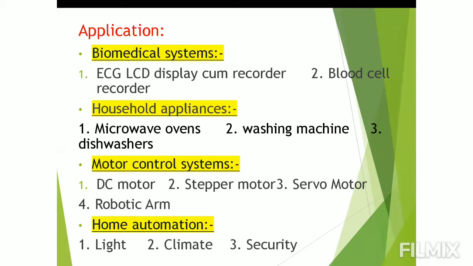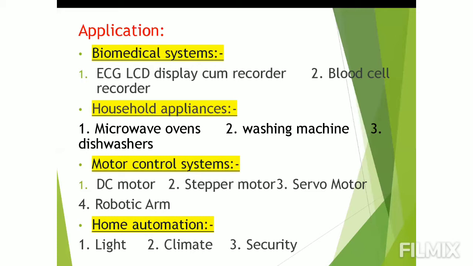The next application is in motor control systems. For example, in DC motors, stepper motors, servo motors, robotic arms, we can use embedded systems. The next application is in home automation systems.